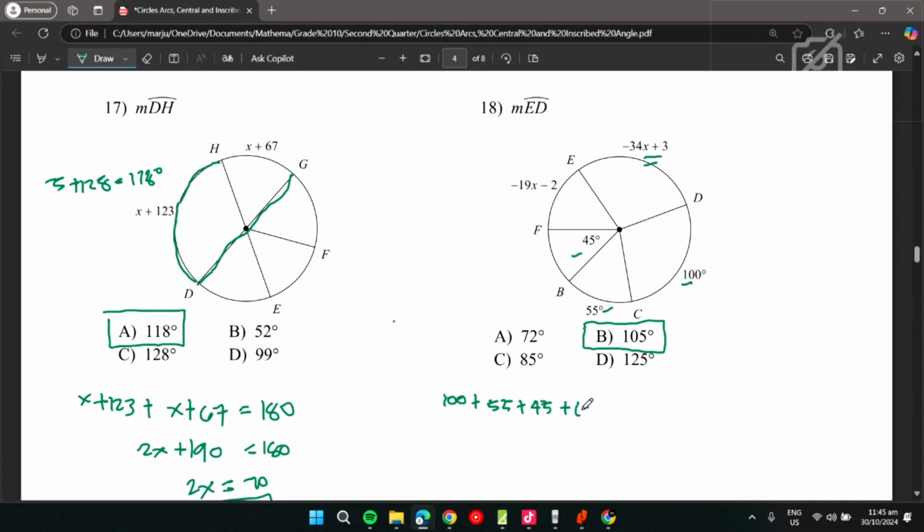That's negative 19x minus 2, plus that, negative 34x plus 3. And then again, this is 360. Alright? So, what will we do? This is 155, and then this is 200, right?